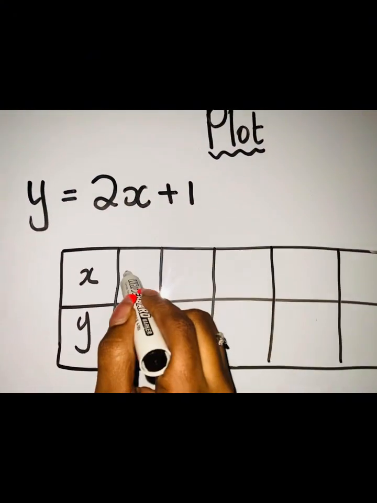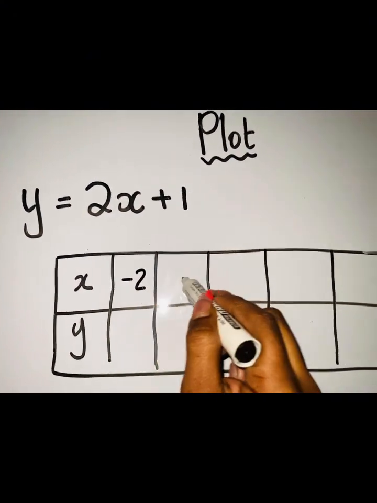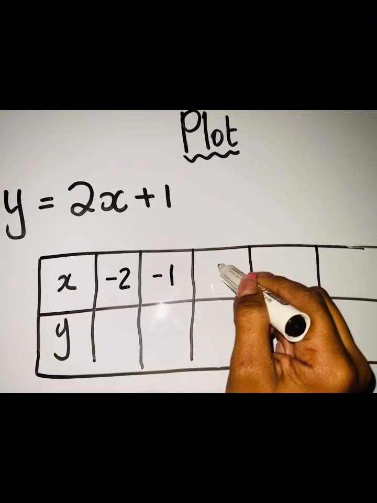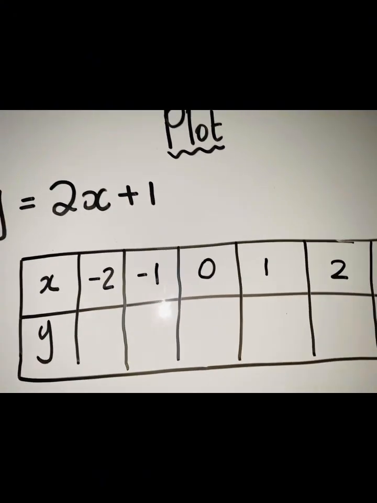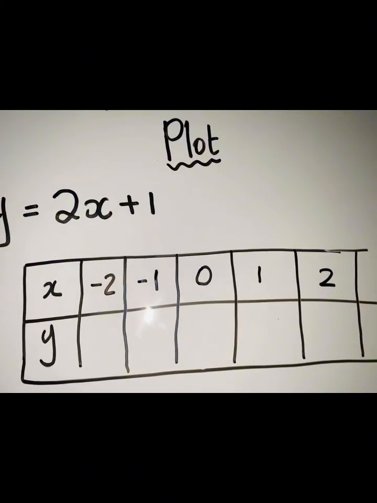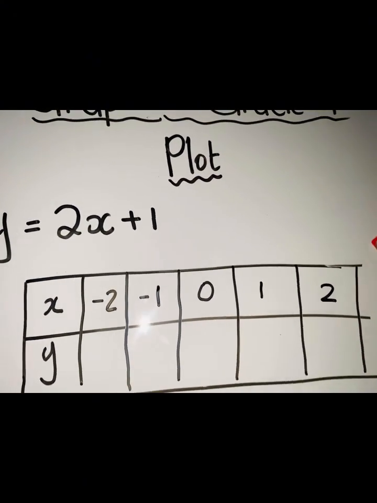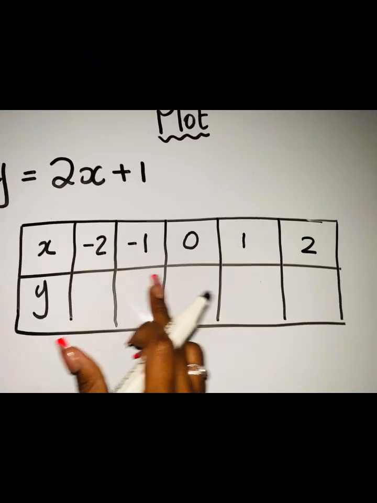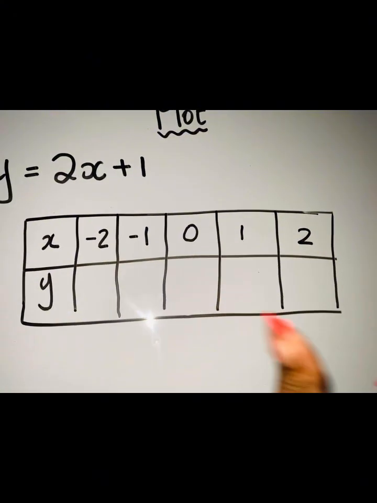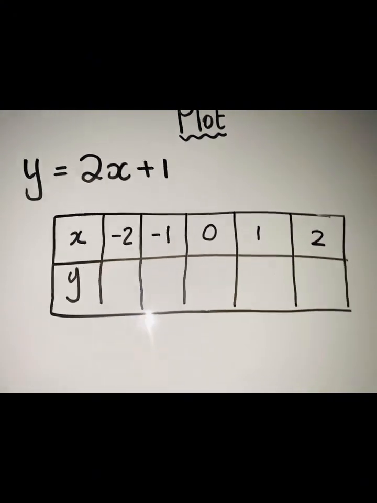Right, so with the x values, it's numbers that you're going to use, and I'll show you where these numbers are coming from. To plot a graph, you only need 2 points. In this case, I only have 5 points that I want to show you, and you will see what's going to happen.